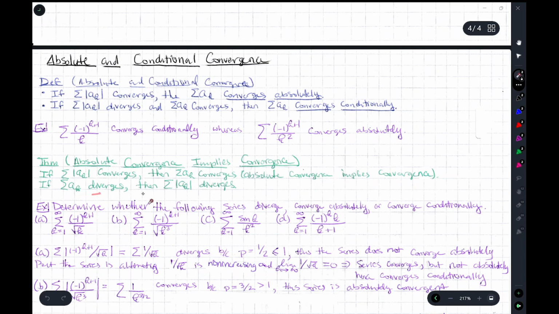If the sum of a_k diverges, then the sum of the absolute values will also diverge. And again, what is this telling you? Absolute convergence is stronger than convergence. Okay, why? Because for a general series that could have negative terms, you get to slow down that sum.